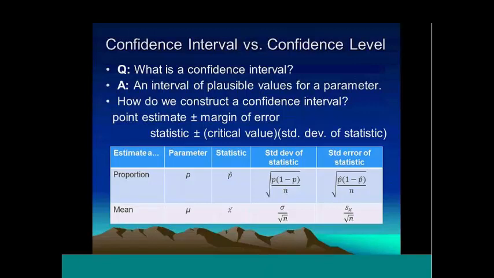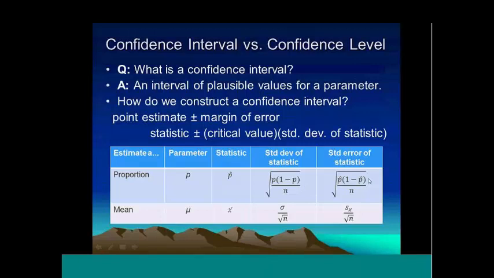So I'm giving you this little chart because we're going to be talking about inference for proportions and also inference for means. And you can see the different notation: p for population proportion, p hat for the sample proportion. Here's the standard deviation of the sampling distribution for p hat.